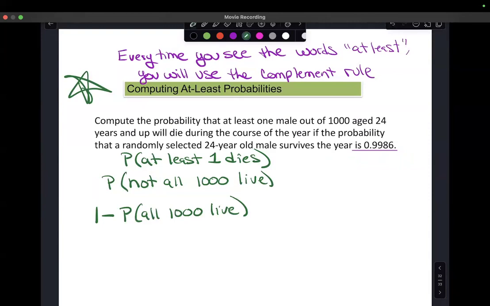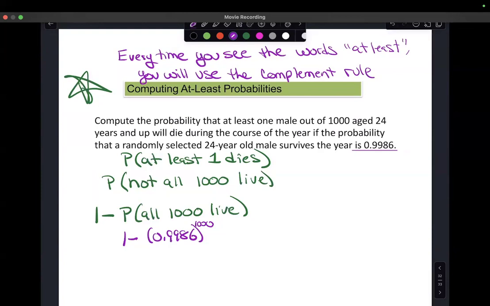Okay, so we're going to do 1 minus 0.9986 to the 1,000th power. Take the probability all 1,000 live and then do 1 minus. So you can just type it in like that: 1 minus parenthesis 0.9986 caret 1,000.